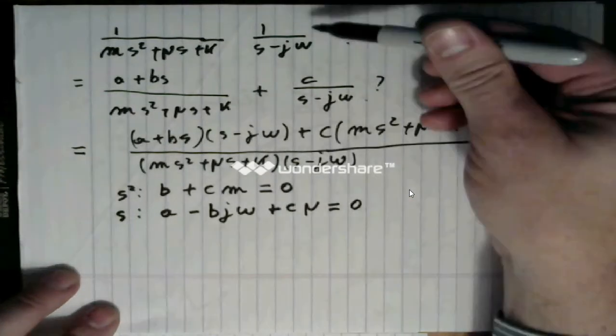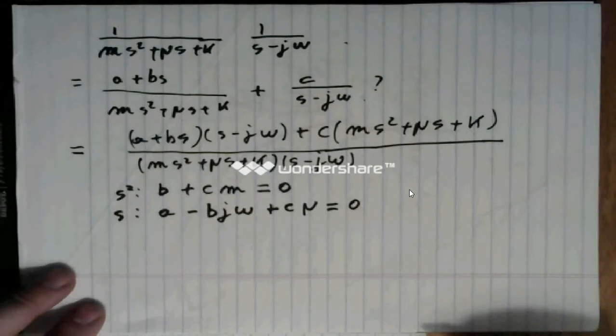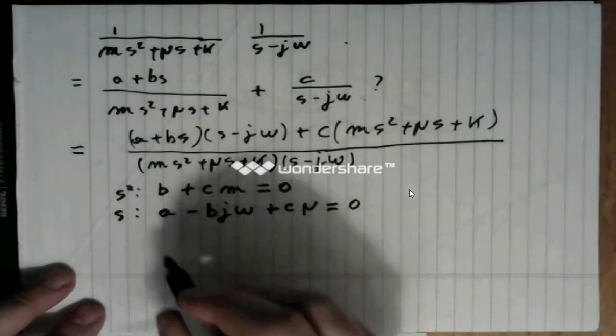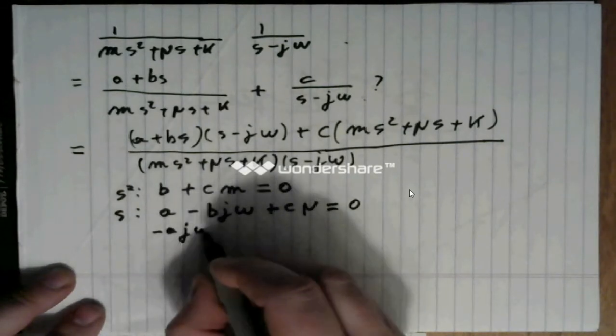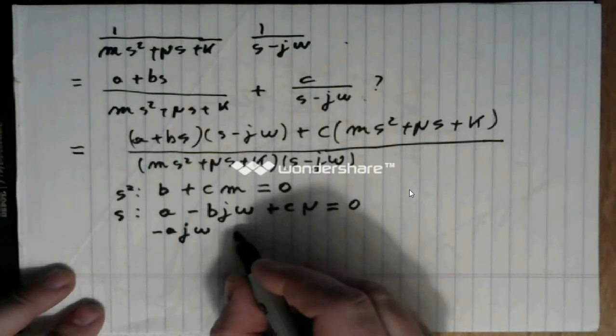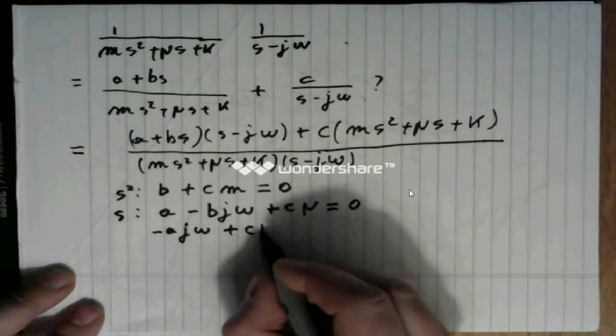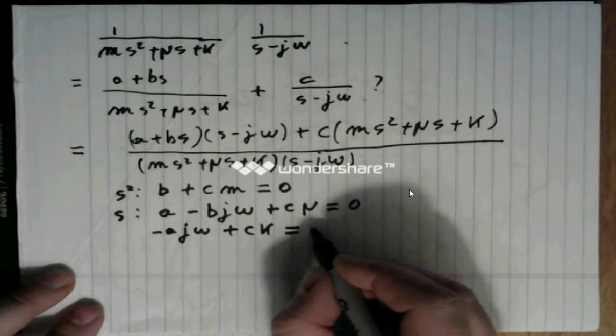And the reason is because there is no term in s there. Finally, looking at the constant terms, we have minus a j omega plus ck that must be equal to 1.